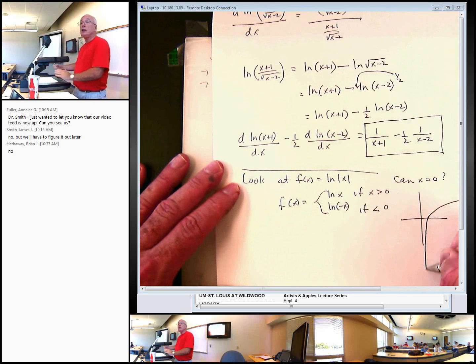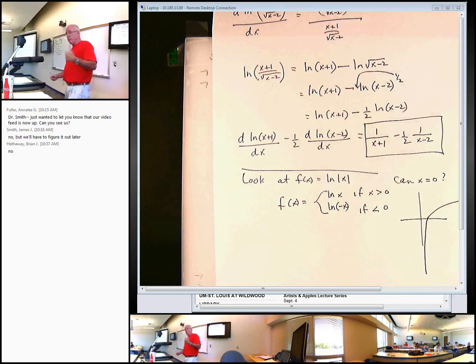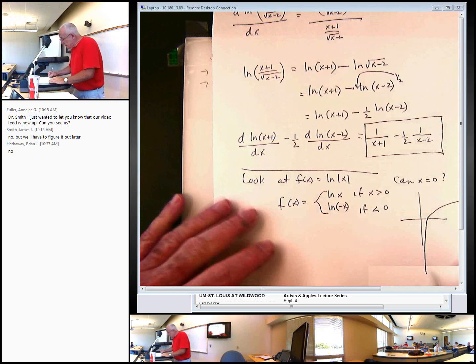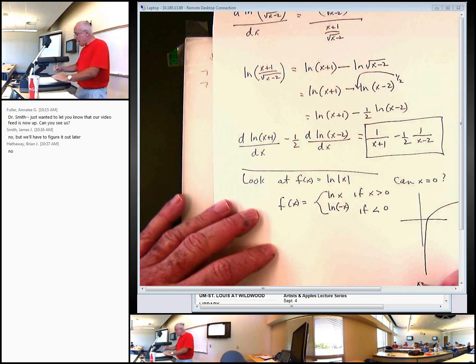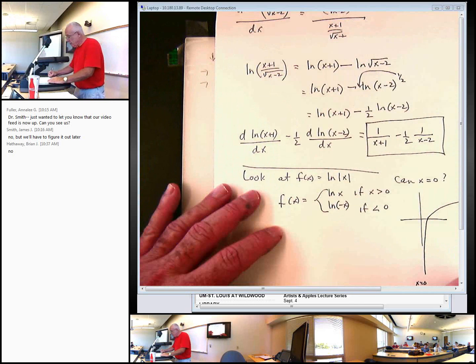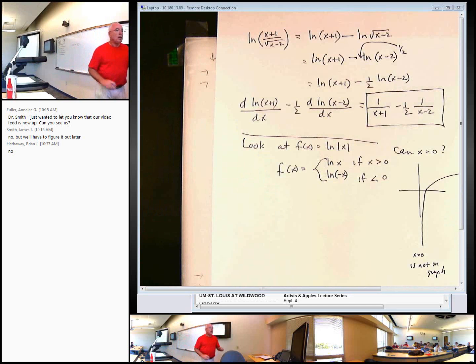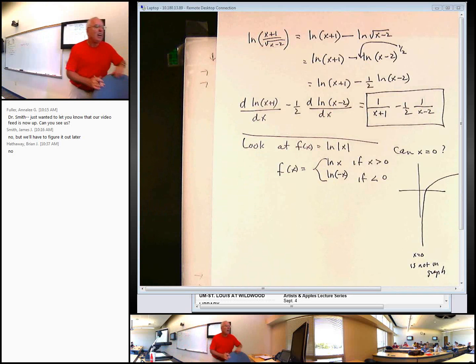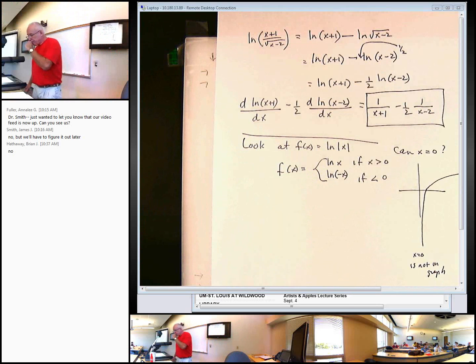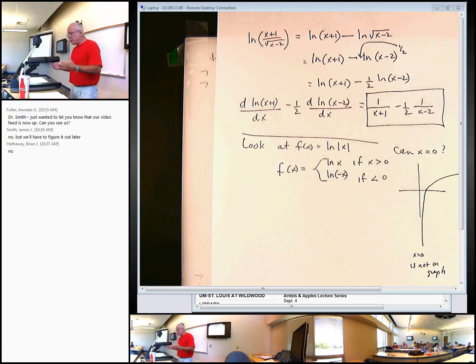It never touches that y-axis. So x equals 0 is not on the graph. So we can't do the natural log of 0. Okay, so here we basically have showed what our function is if x is greater than 0 and what it is if x is less than 0.